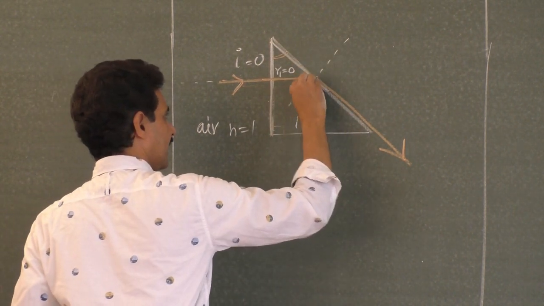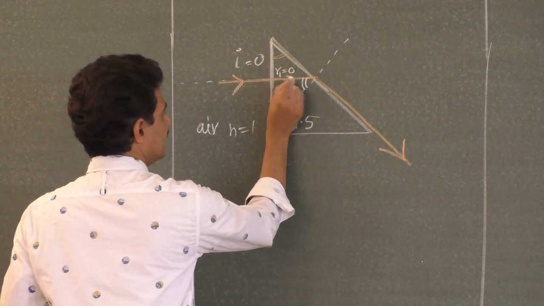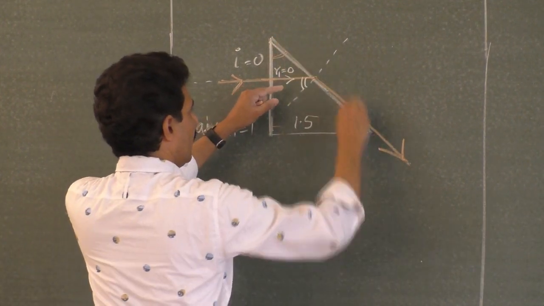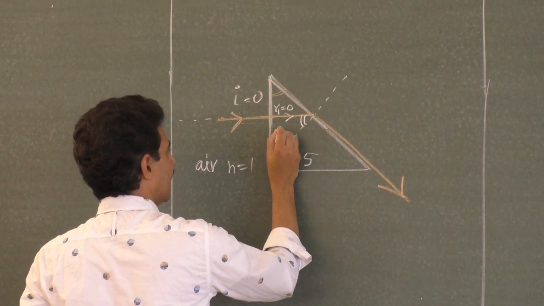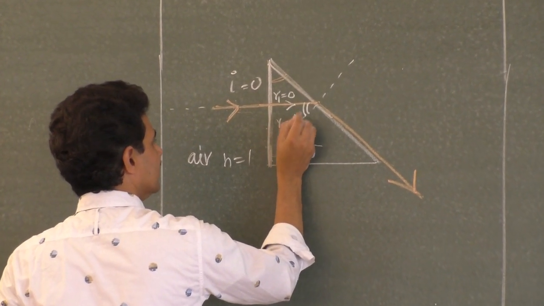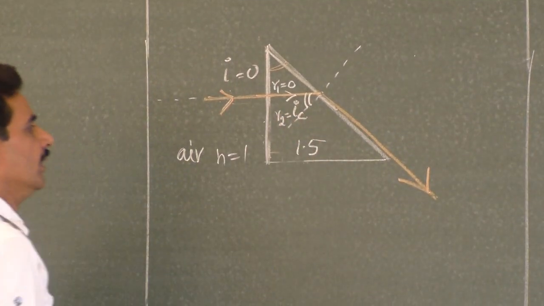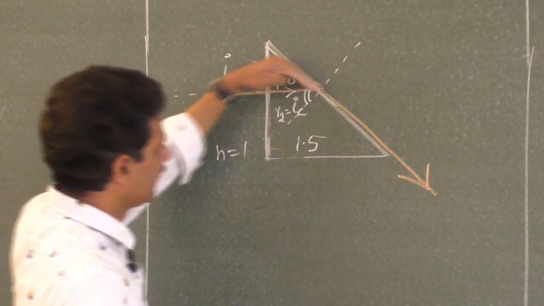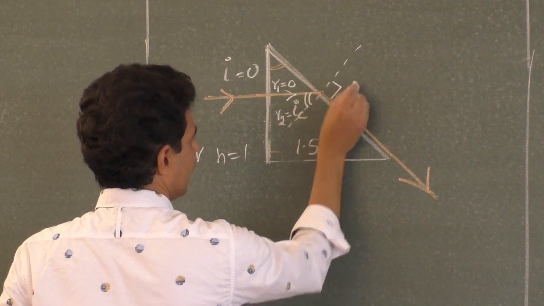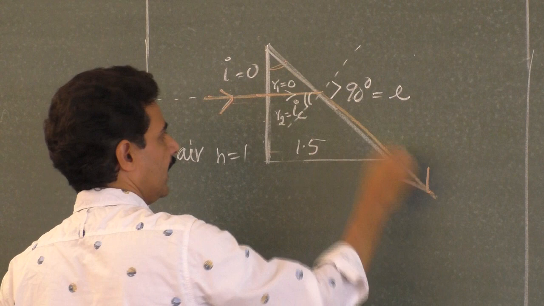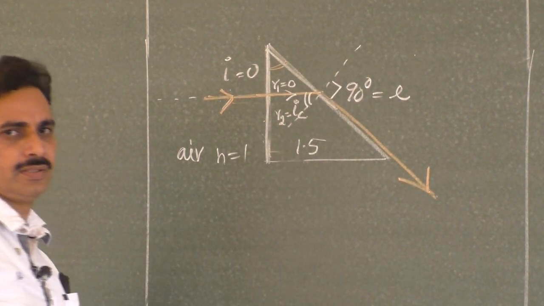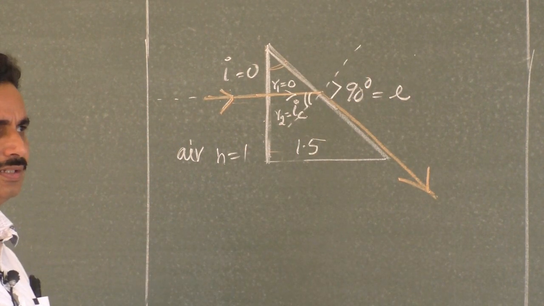This is the second angle of incidence, the angle between the incident ray and the normal to the surface. This is r2 and I call it ic. What is ic? Critical angle. Why is it the critical angle? The ray grazes the surface after refraction, 90 degrees, the angle between the final emergent ray and the normal. That's all you have to consider in this problem.